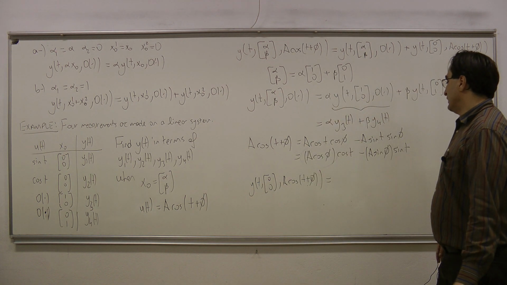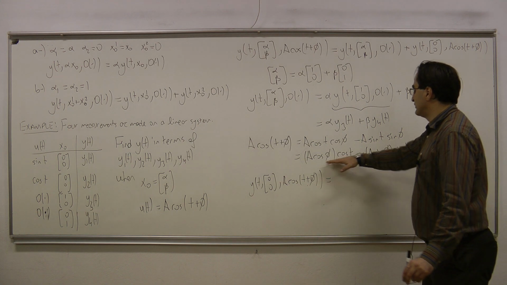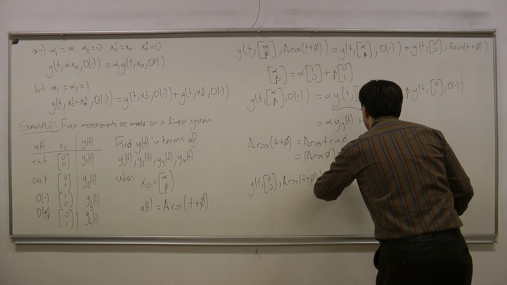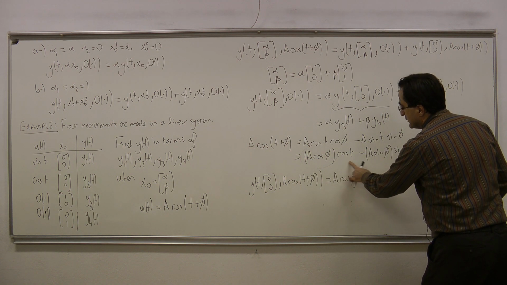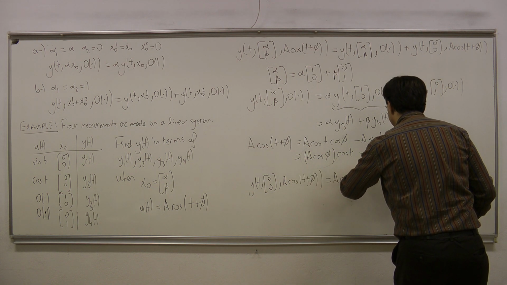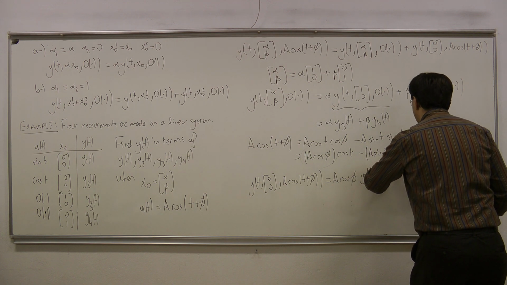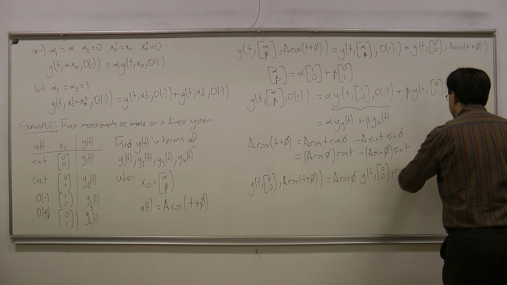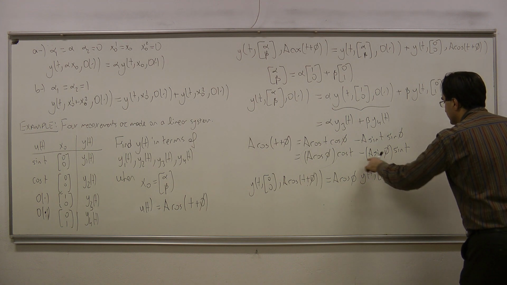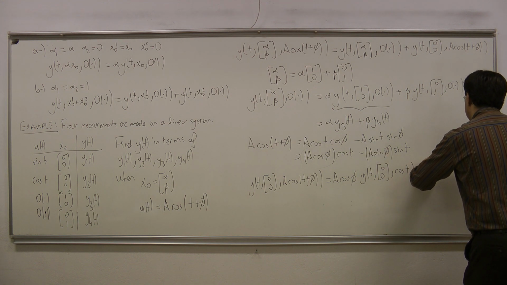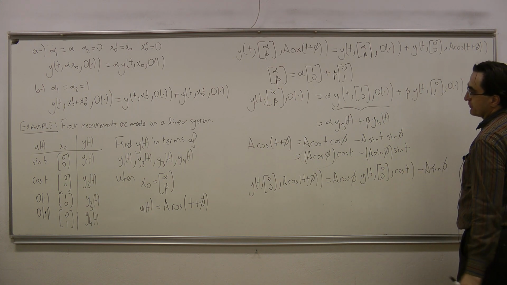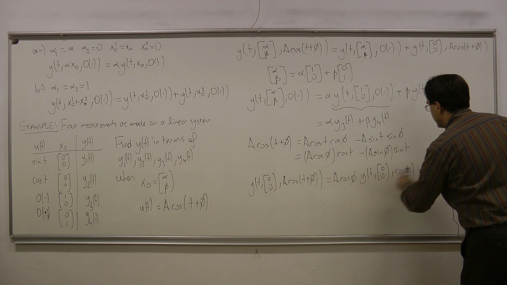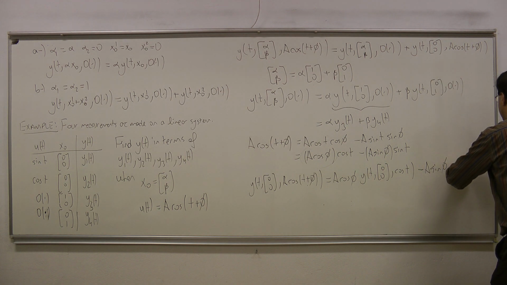That is going to be the same linear combination of the outputs: a cosine phi times the output for this individual input, y(t) with zero initial condition and cosine t, minus a sine phi times the output for sine of t, which is y(t) with zero initial condition and sine t.